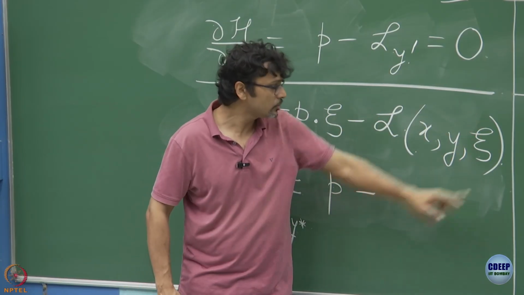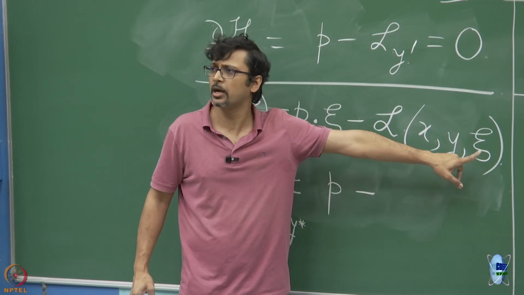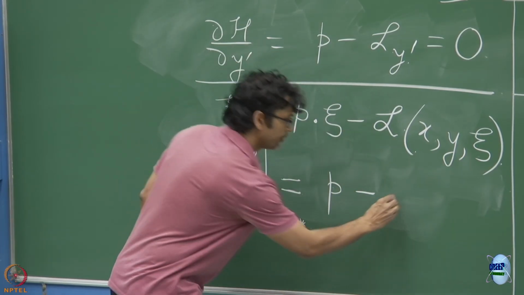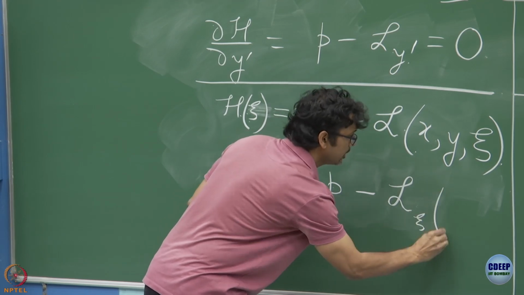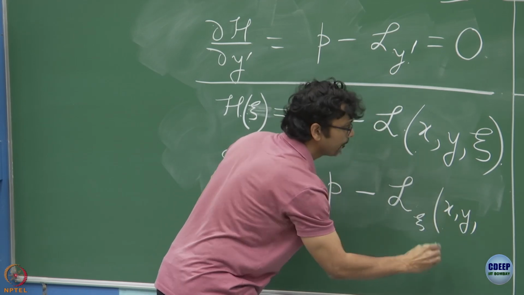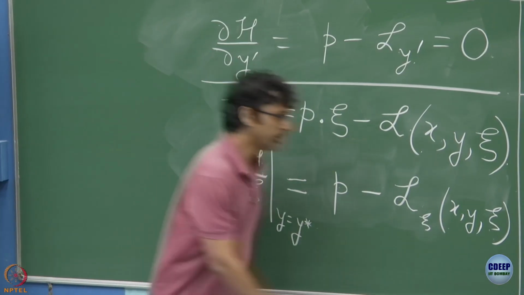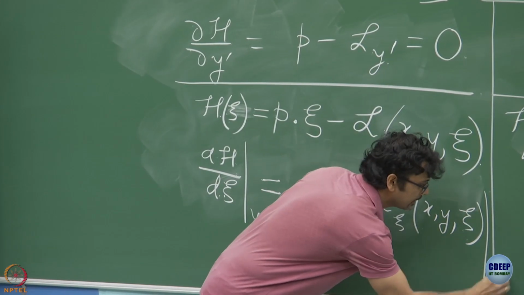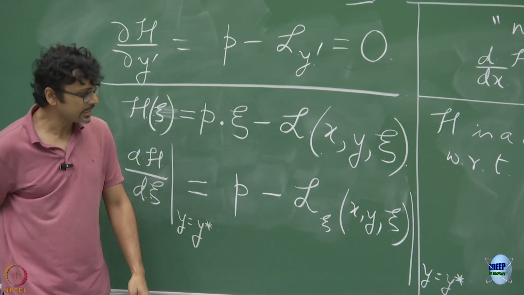Yeah. So what happens to this? It's just the same as the partial of this with respect to its third argument, isn't it? Now this, with respect to its third argument, x, y, xi, and here is the real deal now. So if you're saying that this is an extremal, what must it satisfy?